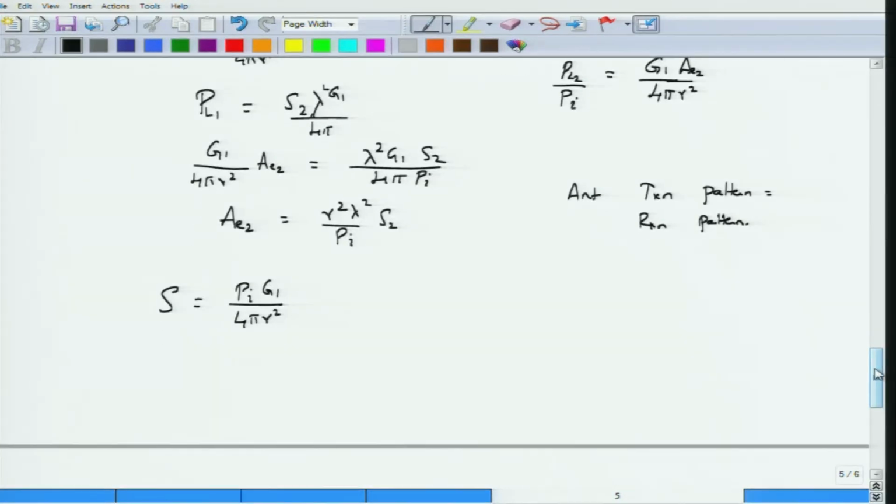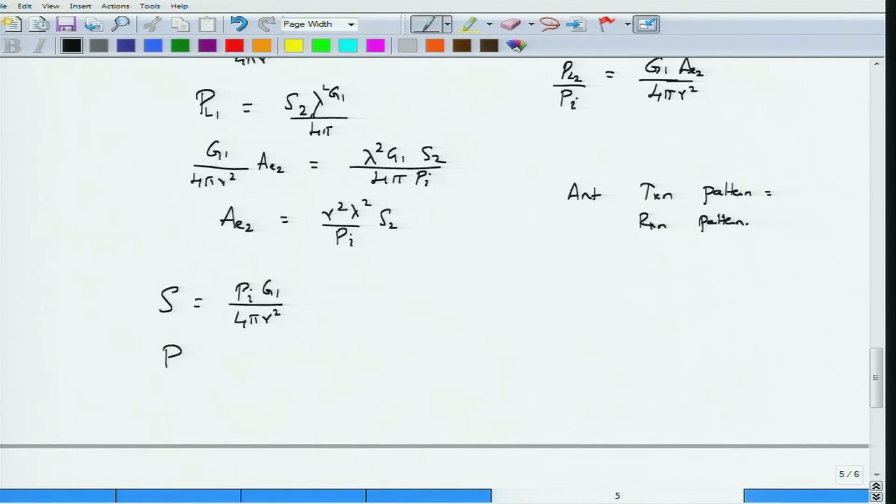This power is converted into the load power by the second antenna. Not the entire power is converted, only the effective area times this S is converted, because the effective area captures the antenna's ability to convert the incident power density into the load power.